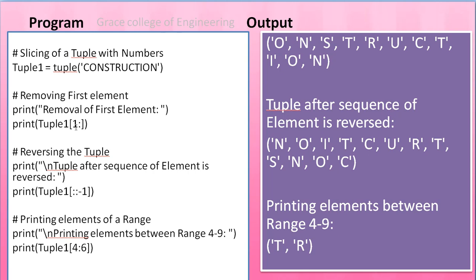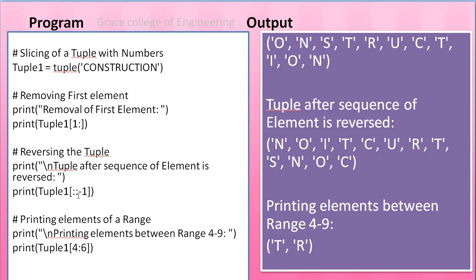So 1 colon, the ending value not given, means it will be executed up to the end in the output. So index always starts from 0, so C is not taken, it is taken from 1. So you can see in the output that is ONSTRUCTION. Likewise it is taken.